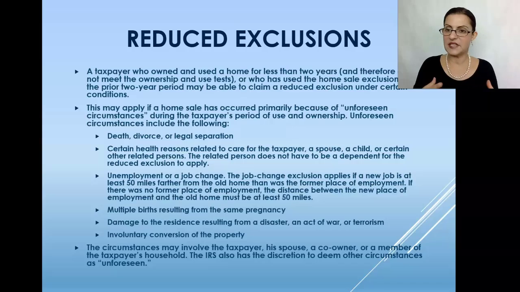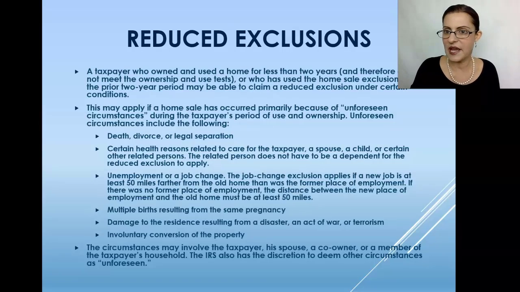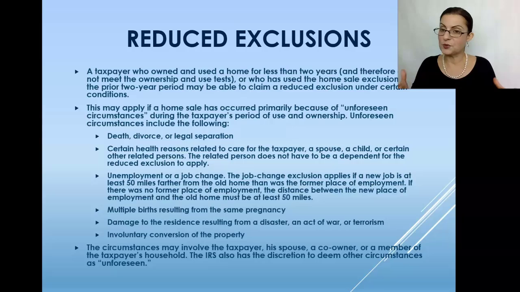So for example, let's say I bought a house and I've lived in it for 1.5 years. It's my main home. And I have equity in the home, so if I were to sell it now, I'd have a $100,000 gain, let's say. But I'm not going to be eligible for the full exclusion because I haven't lived in it and owned it for 2 years.